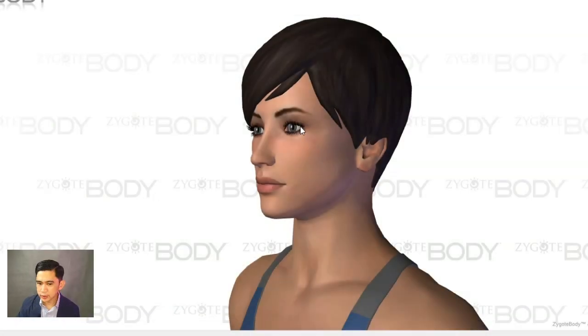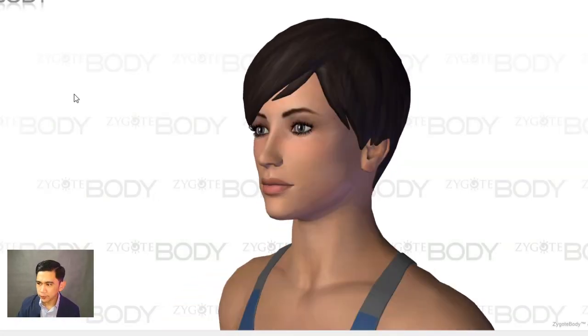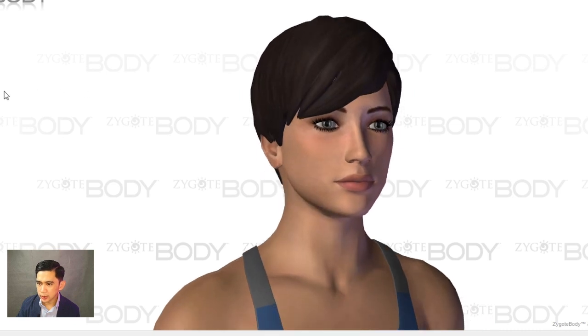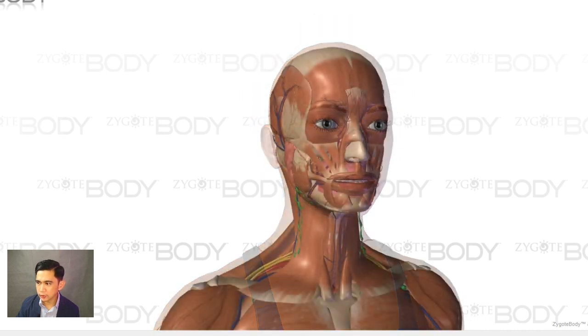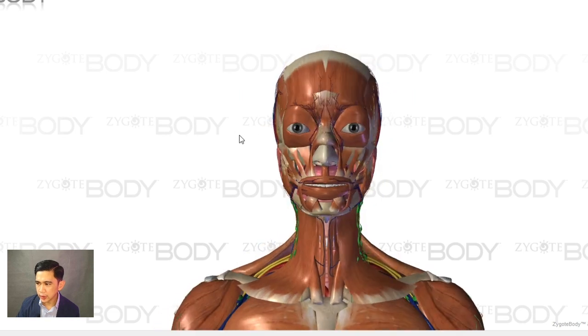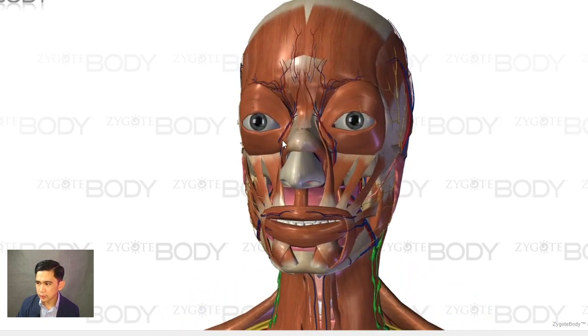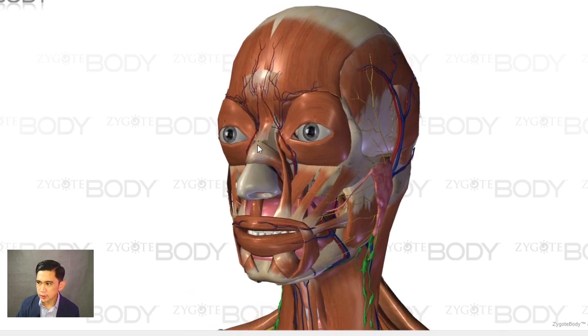Now, let's review all the facial muscles of expression in the Zygote app. So we have here the Zygote model. This is our model. Now, if you remove the hair and remove the skin, we have here the muscles in the face.